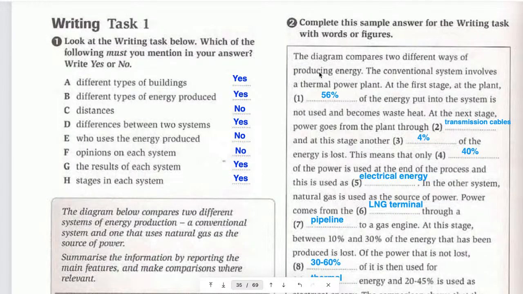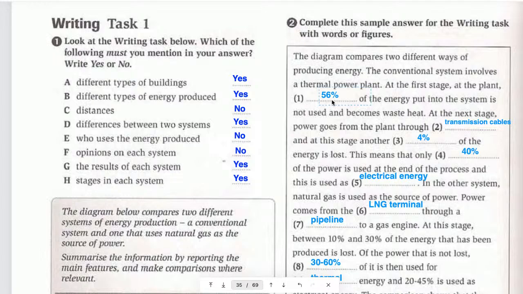Quỳnh Hương, you can read the first one. Starting from the diagram. Yes, 56%.